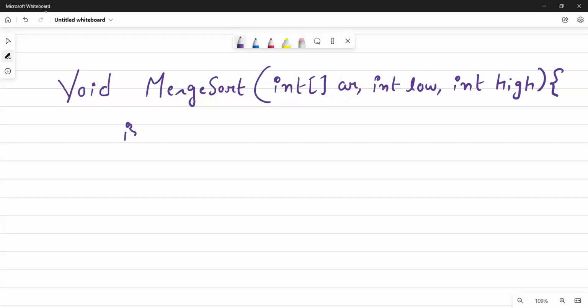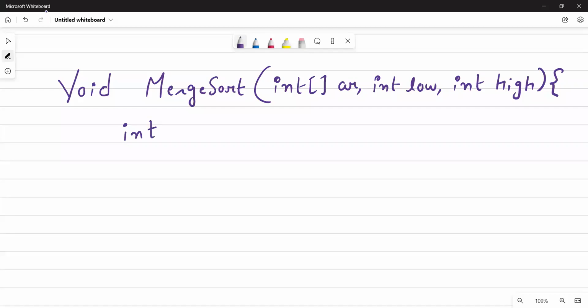At any point, you know that you have to continue only up to a single number. As soon as you have divided down to a single number of your array, you need to stop, right? You don't need to divide further.